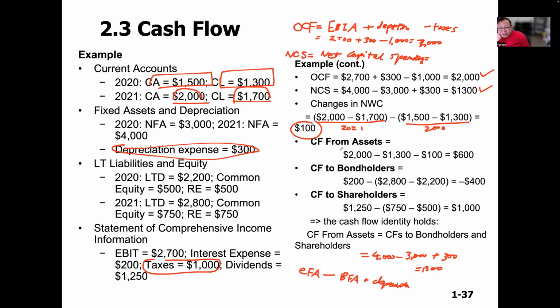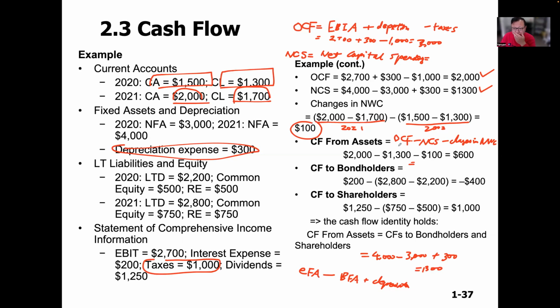Now let's think about the cash flow from asset, right? Cash flow from asset. So that would be operating cash flow, OCF, minus NCS, minus changes in NWC. So now let's do a calculation.